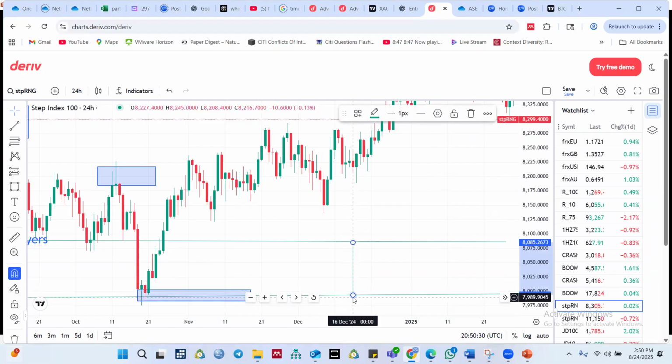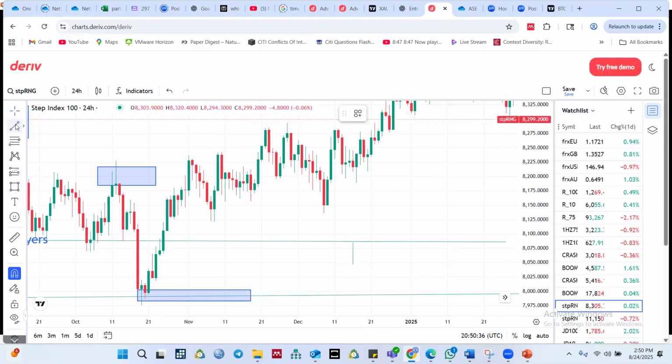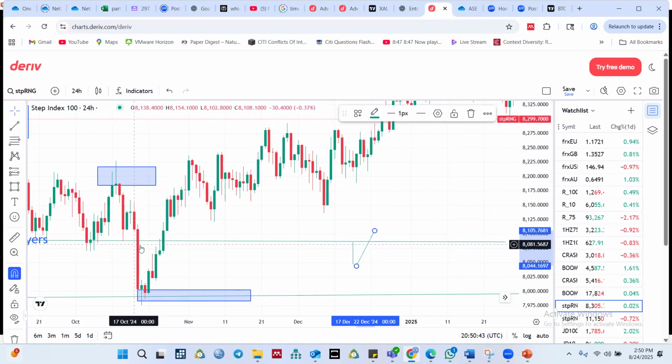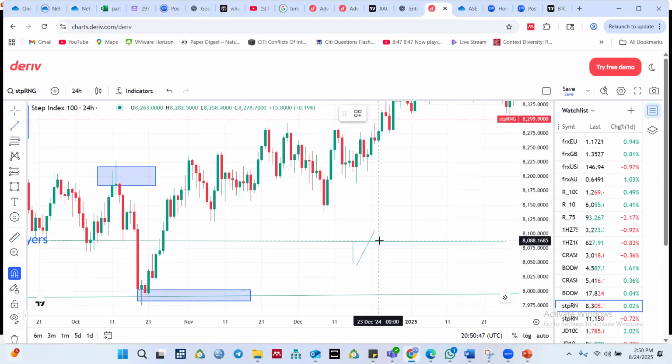But once it breaks below and then something happens and it moves up, closing above this line again, above this resistance, buyers are going to step in and take the price up. Once it's below, sellers are going to be selling.